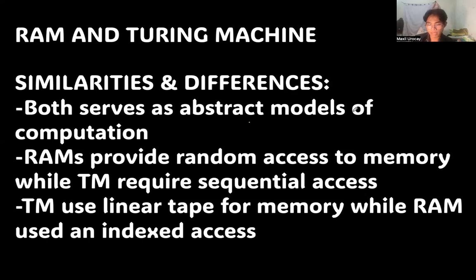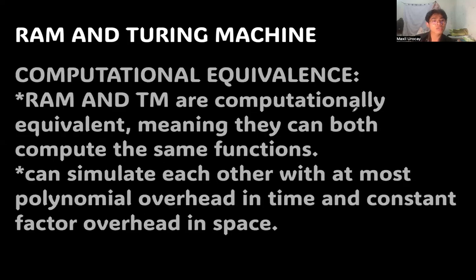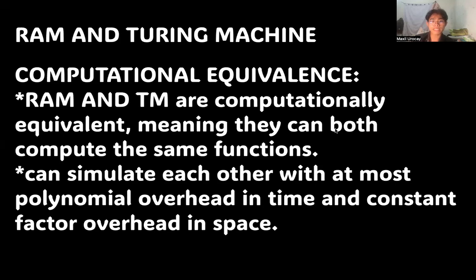So the equivalence, let me click next. RAM and the Turing machine are computationally equivalent, meaning they can both compute the same functions. They can simulate each other with at most polynomial overhead in time and constant factor overhead in space.